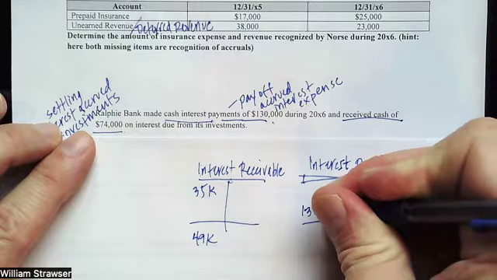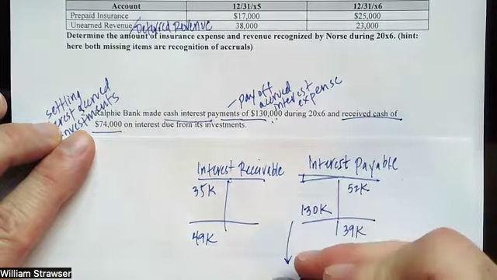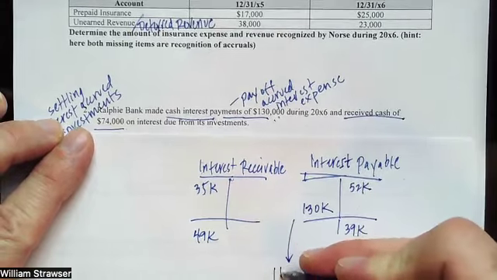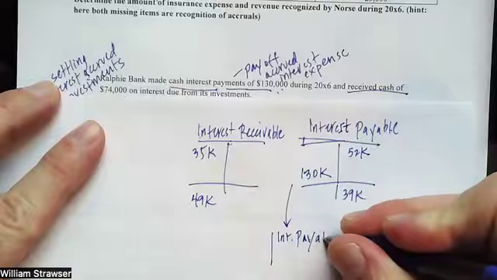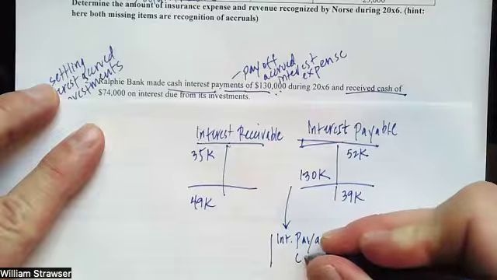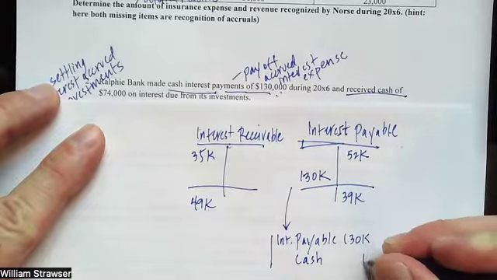Well, either they overpaid, so that just came from here, because when we paid that interest, we would debit interest payable and credit cash for 130 each.